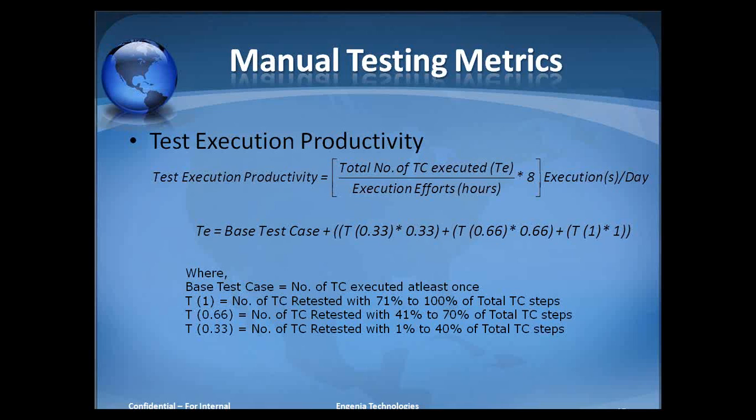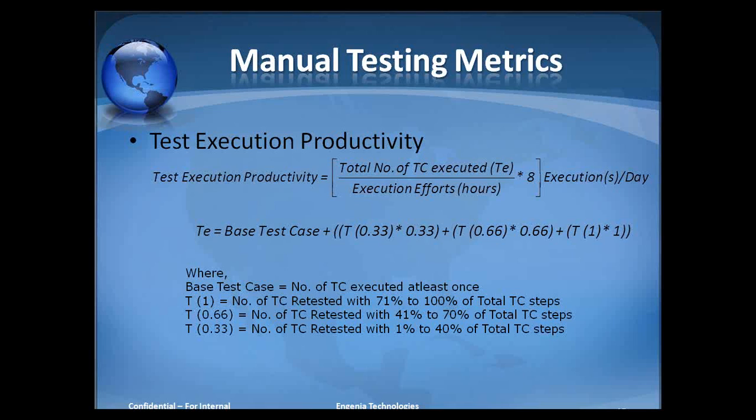T1 is the number of test cases retested with 71% to 100% of the total test case steps. For example, if we are able to test more than 71% of the test steps in a particular test case, we classify it as T1. Then we have T.66, which is the number of test cases retested with 41% to 70% of the total test case steps.